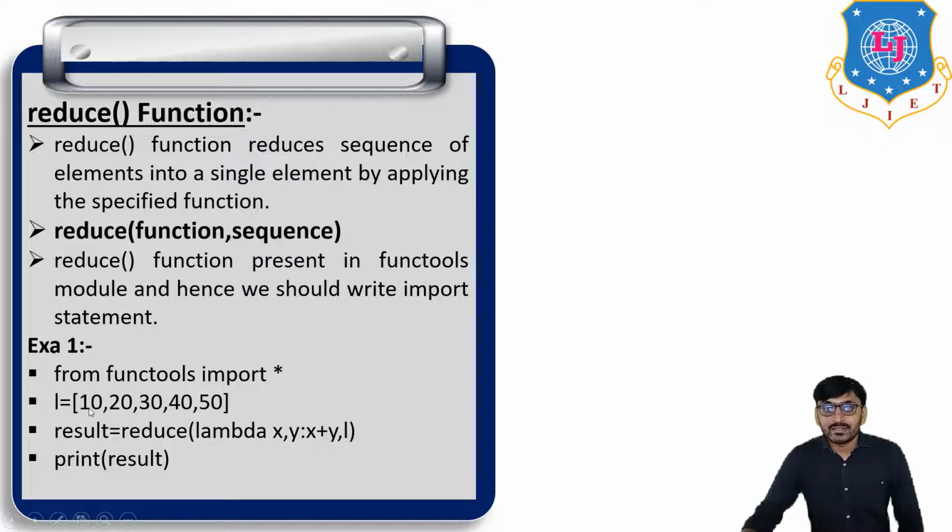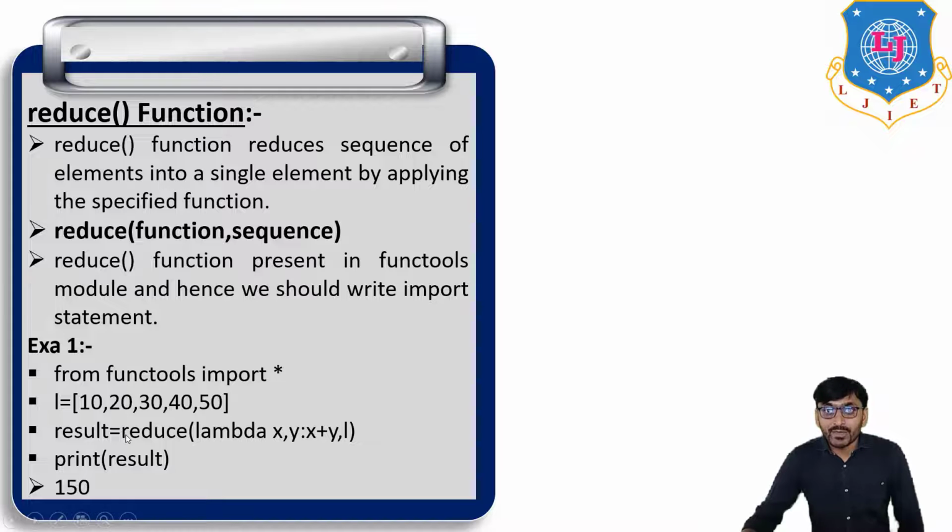So the first element and second element are added, then the third element, then the fourth element, then the fifth element. So all this sequence reduces into a single element, and print result. So if we run this program, then the output is 150.